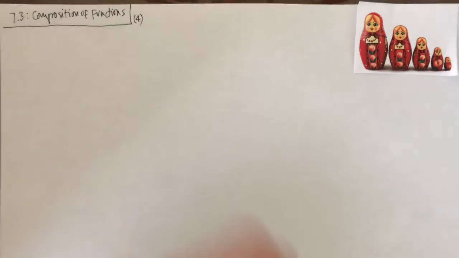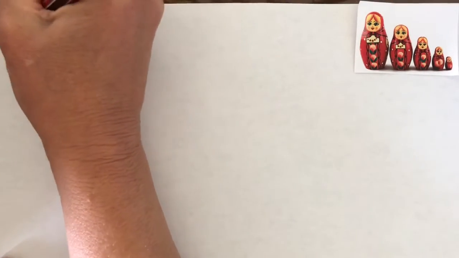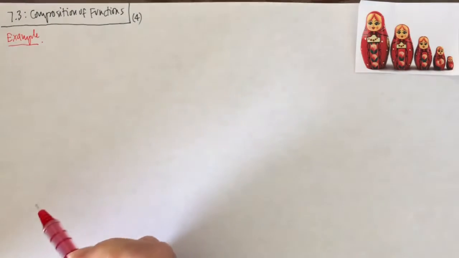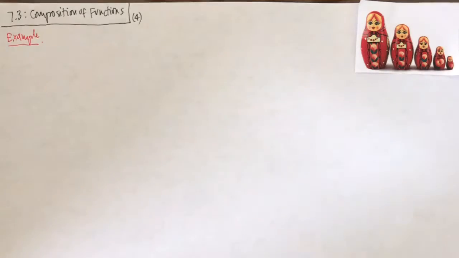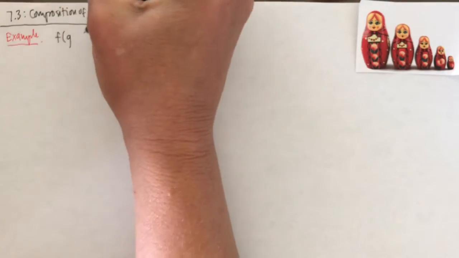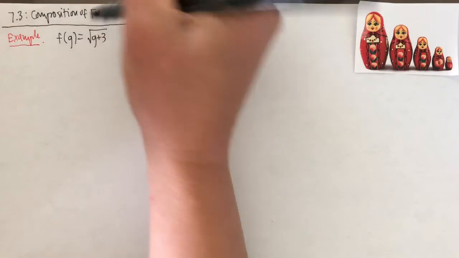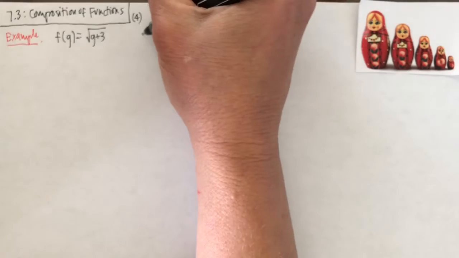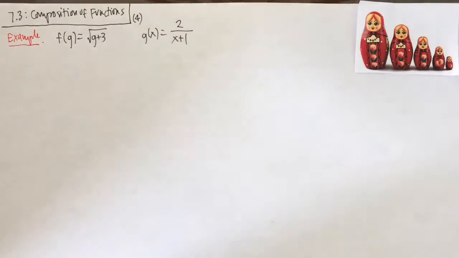Okay, a few more examples here. I think you're probably getting the idea of composition of functions. The notation sometimes can be a little bit to learn, and so that's why we're going to go through several examples. Say we have f of g is the square root of g plus 3. That's our first function. And g of x is the function 2 over x plus 1.